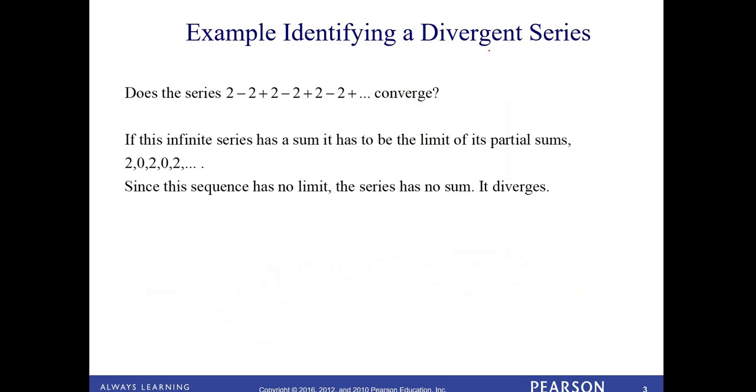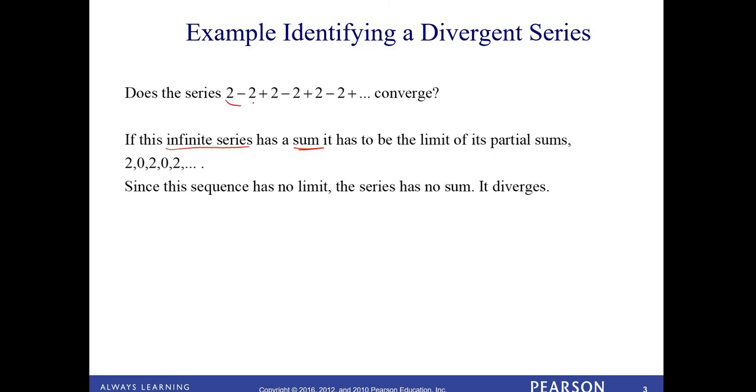So, a divergent series. Does the series 2, negative 2, 2, negative 2, on and on forever, converge? If this infinite series has a sum, it has to be a limit of the partial sums.